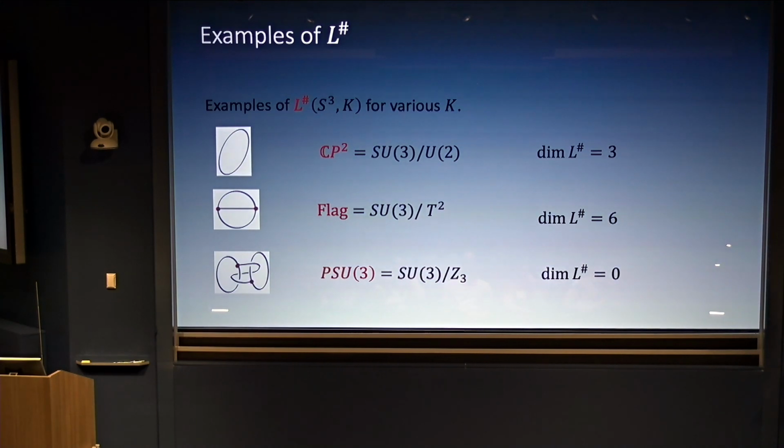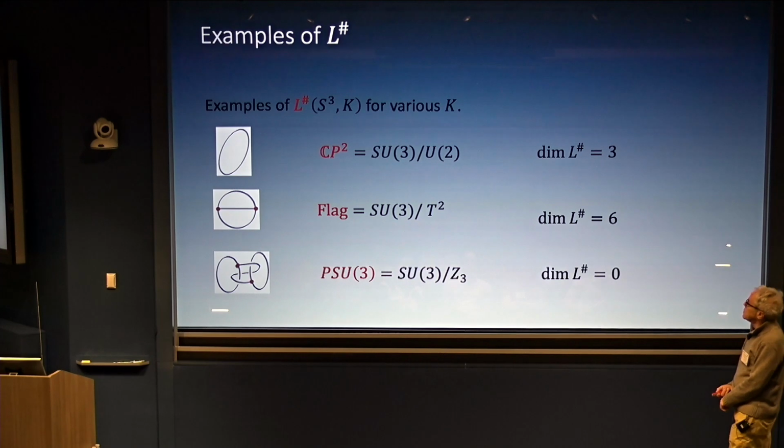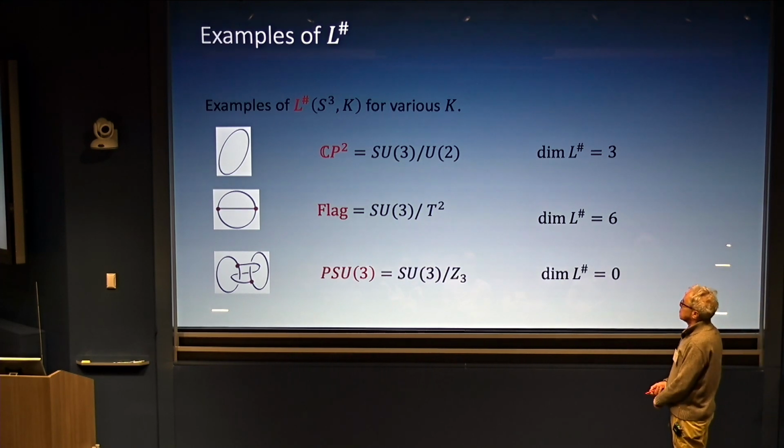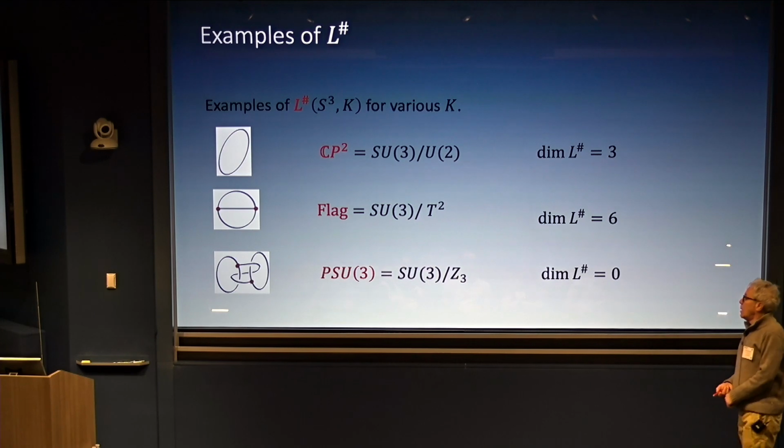Here are some examples. For CP2, it turns out the dimension of L sharp is 3. Saw that on a previous slide. 3 happens to be the Betti number of CP2. With Z mod 2 coefficients, L sharp is just the homology of the representation variety for the unknot there. For the theta graph, very similar story.